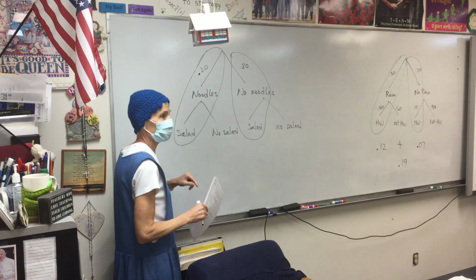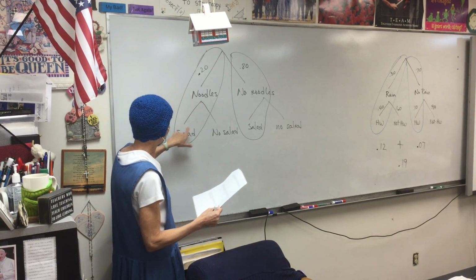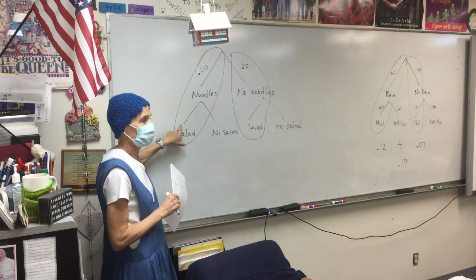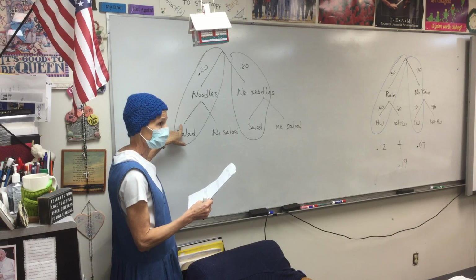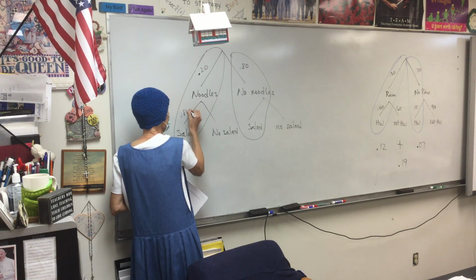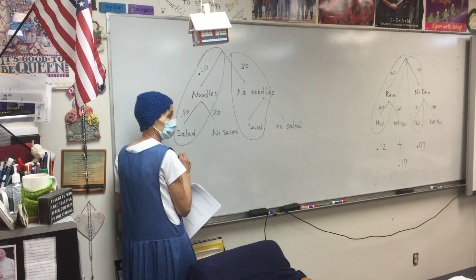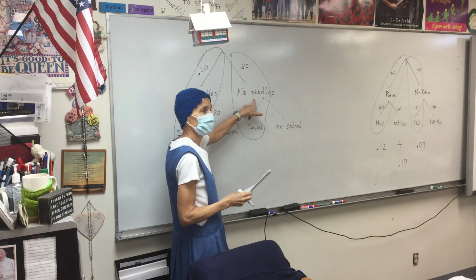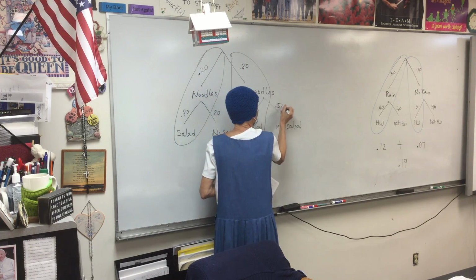Oh, I didn't fill in the rest of my probabilities. If I have noodles, what's my probability for having salad? Read the question. Doesn't it say 80%? So if that's 80, then this one would be 20. What if I don't have noodles? Then it's 50 and 50?